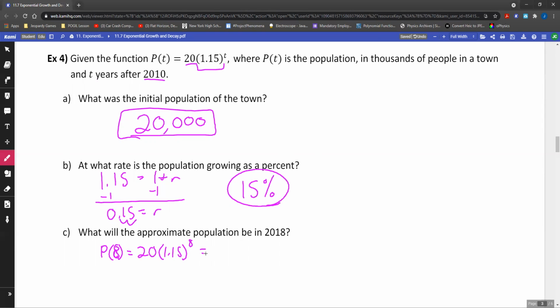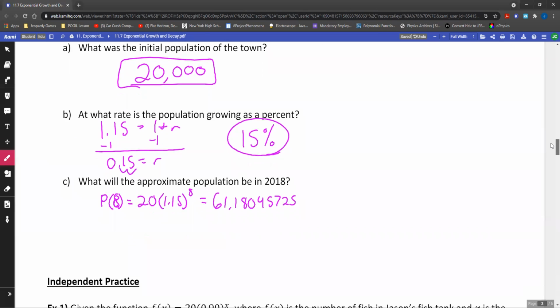Putting that into the calculator, I get 61.18045725. Now remember, this is representing thousands.